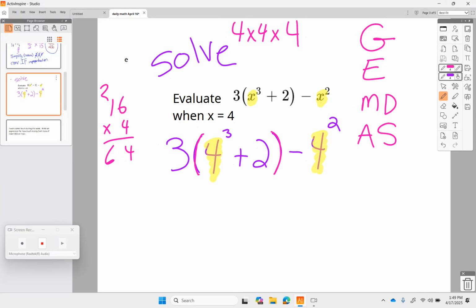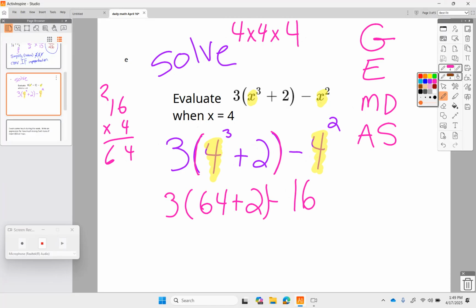So we have 3 times 64 plus 2 minus, we have more exponents over here on the floor. How many times are we going to multiply this 4? 2 times. 4 times 4 is 16. Okay?